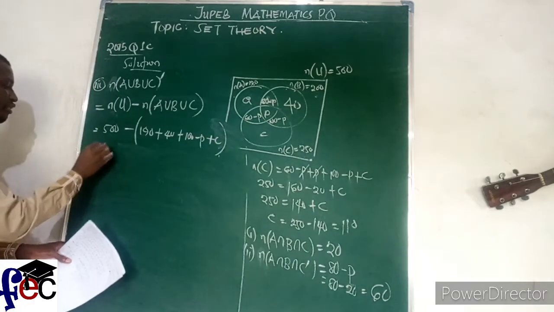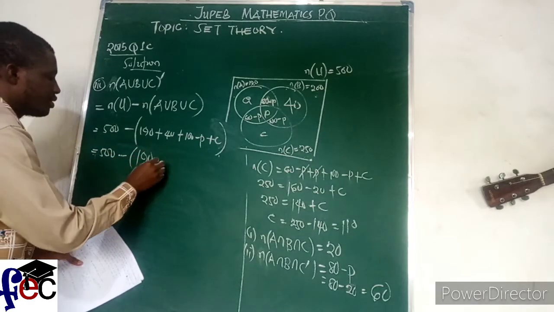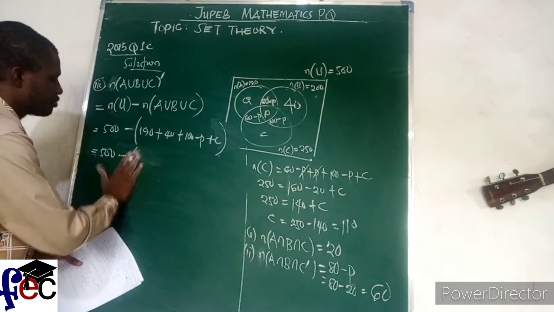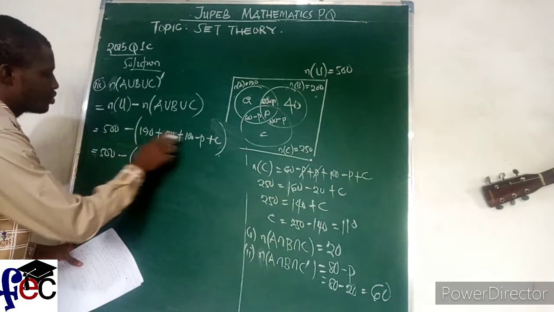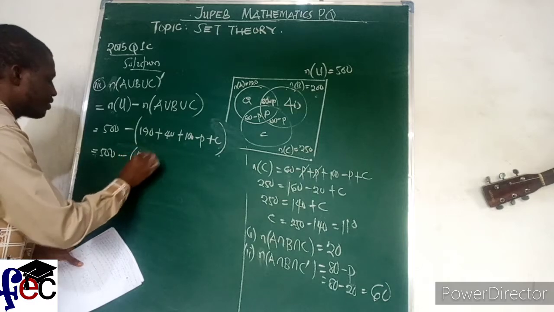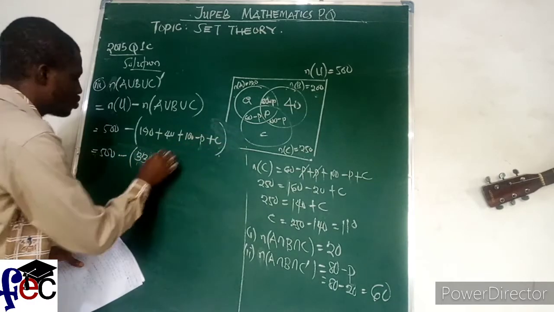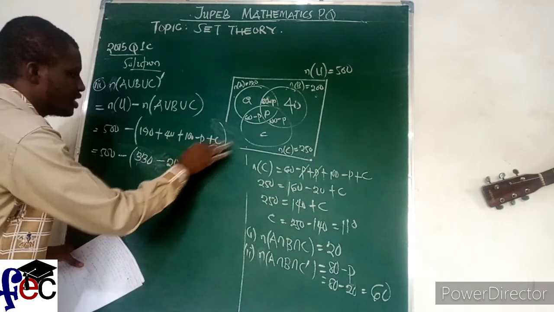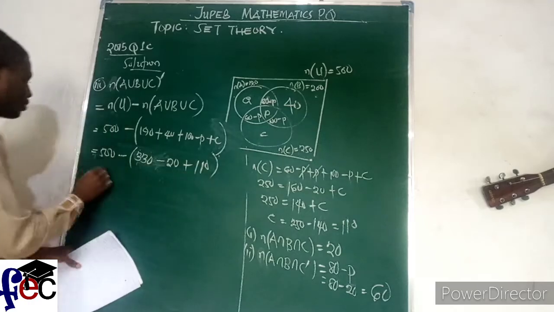So this is going to be 500 minus 190. Oh, sorry. What is this and this is 230. 230 we did as 330. 330 plus, minus what is P? P is 20. What is C? C that we've gotten is 110. So what will that give us?